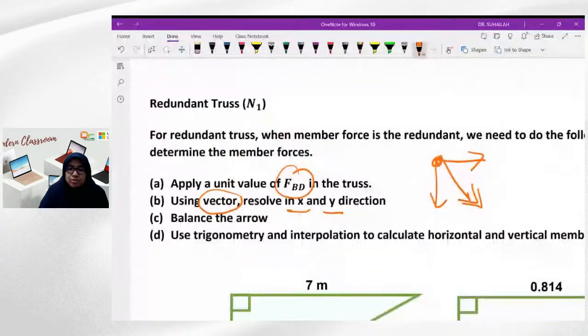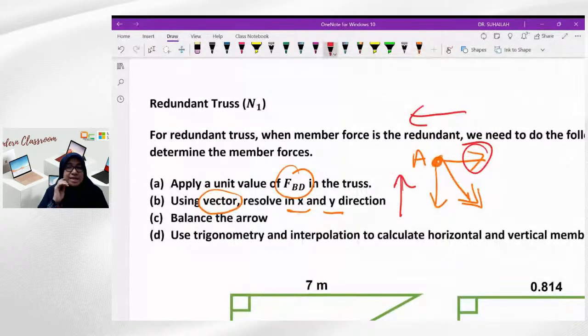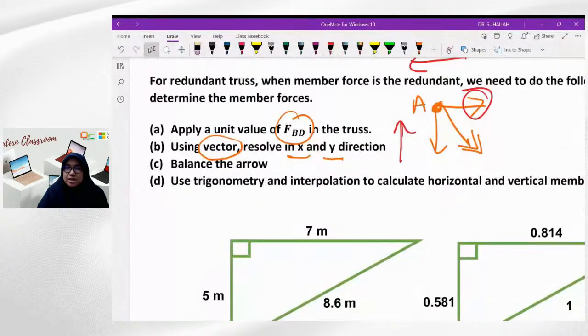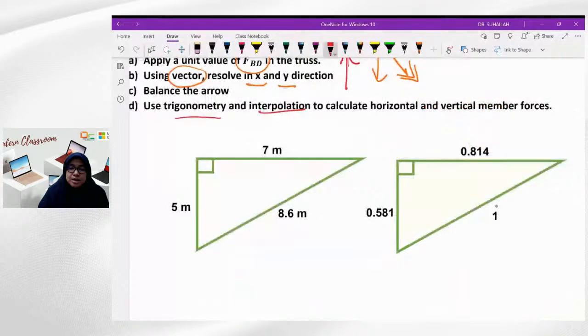Then we need to balance the arrow, which means that if this is located at A, this arrow must be balanced with the opposite direction, at each joint. Then use trigonometry as well as interpolation to calculate the horizontal and vertical members. This is how I interpolate.